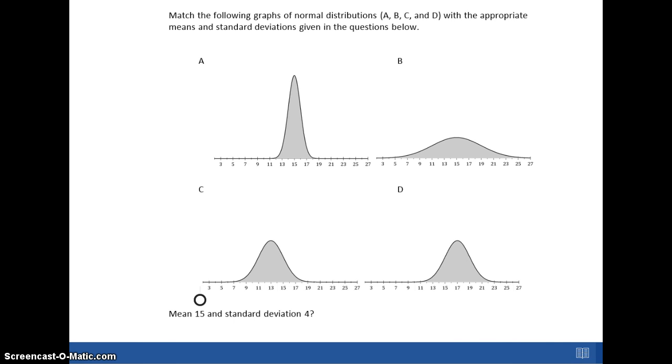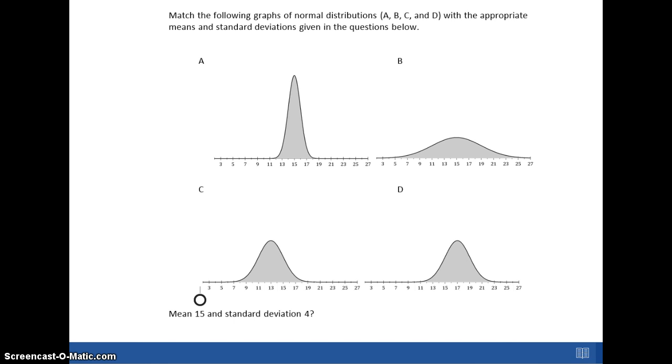Now, we should have the curve approaching 0 when we're 4 standard deviations from the mean. So a mean of 15 minus 16 is negative 1. And the mean of 15 plus 16 is 31.